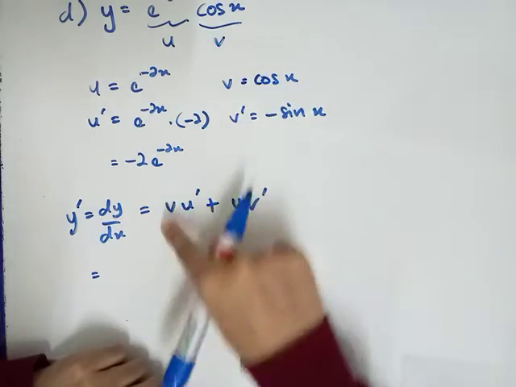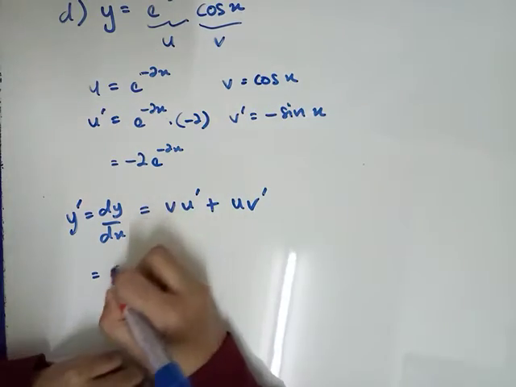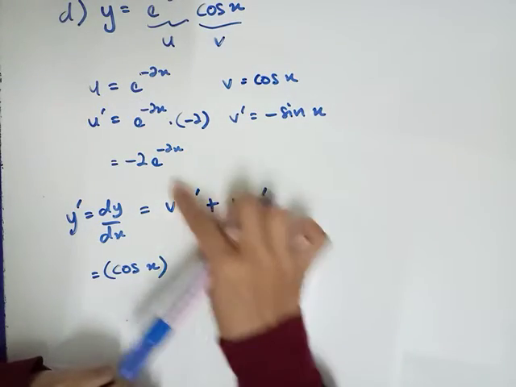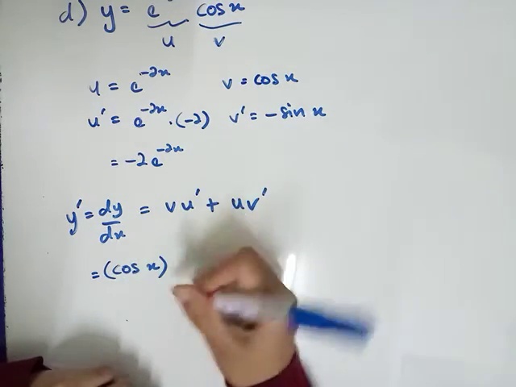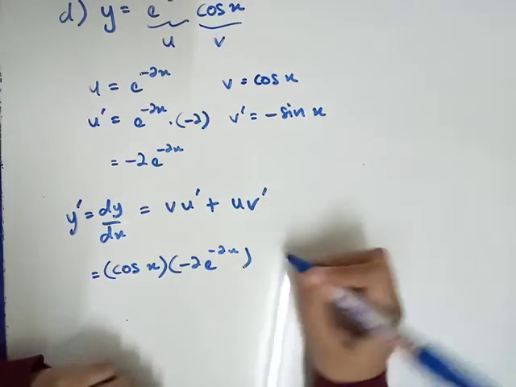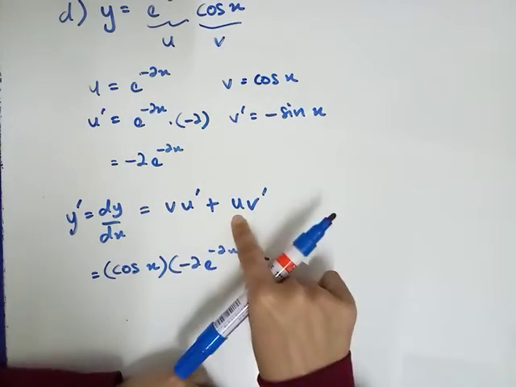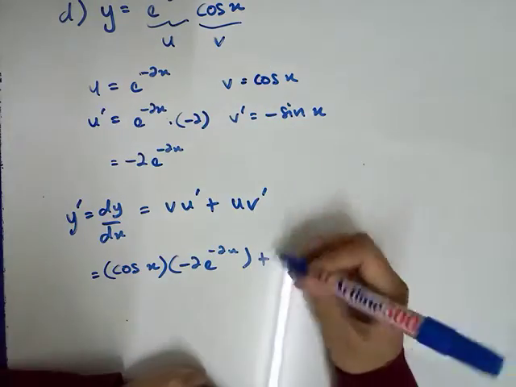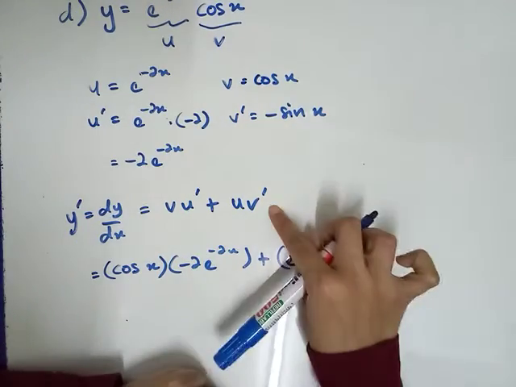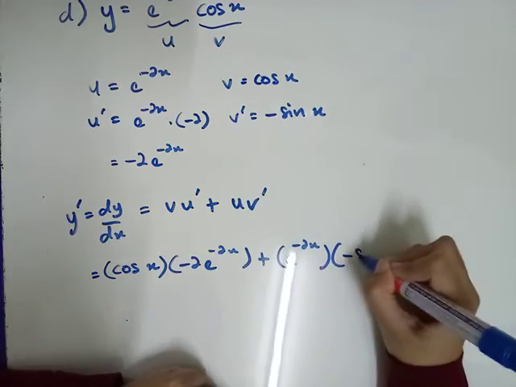So v is cos x times u prime, which is negative 2e negative 2x, plus u is exponent negative 2x times v prime is negative sin x.